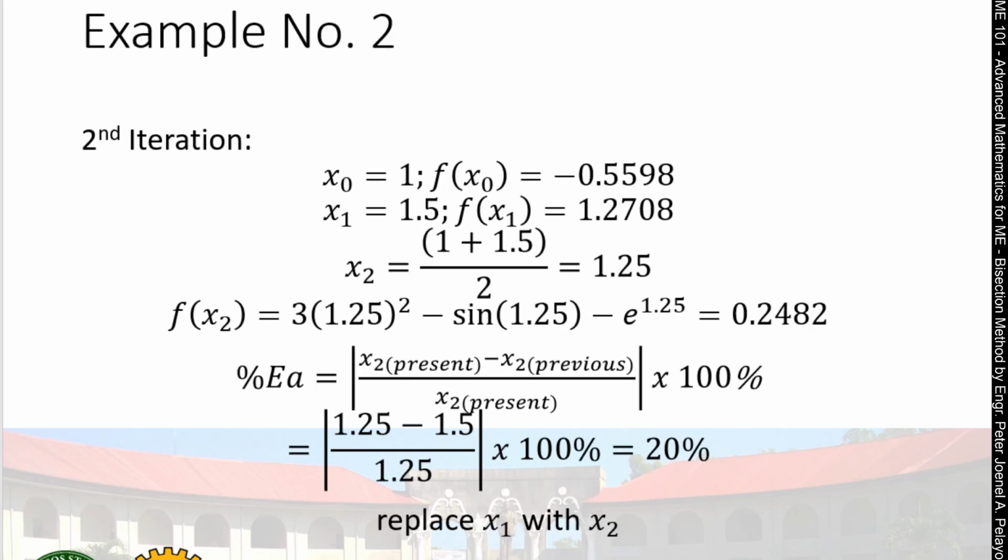Okay? So, second iteration, kukunin natin yung midpoint ng 1 at 1.5, which is 1.25. And then, substitute natin. Babalik si calculator.